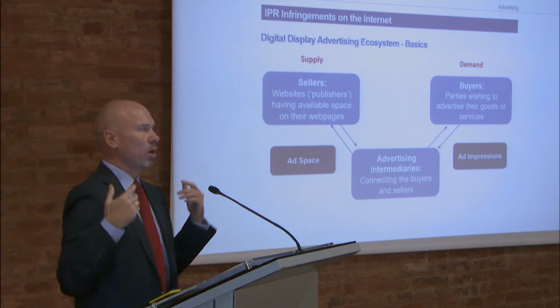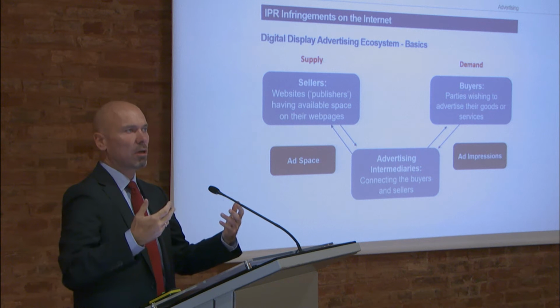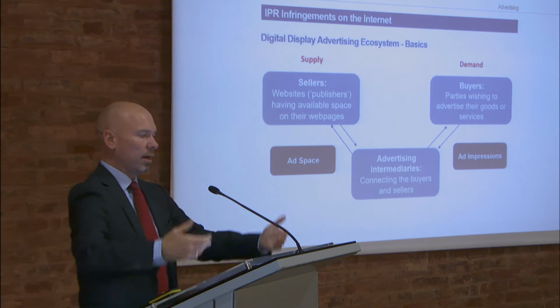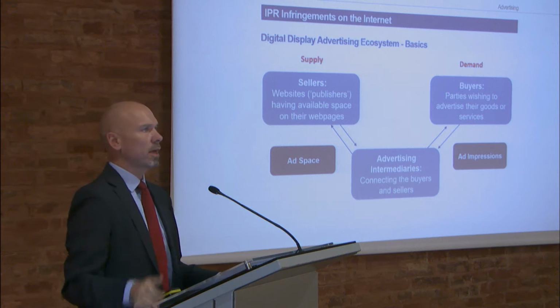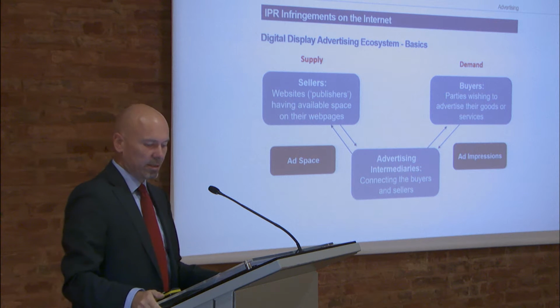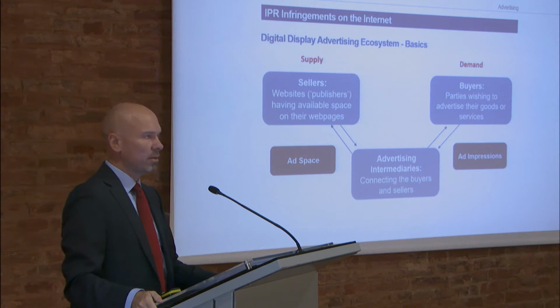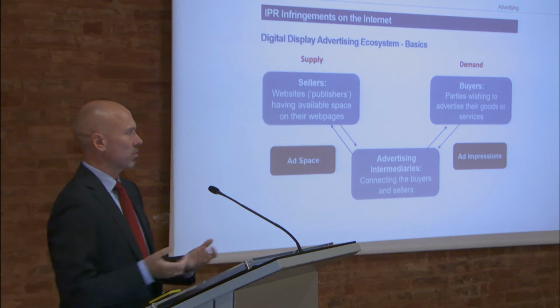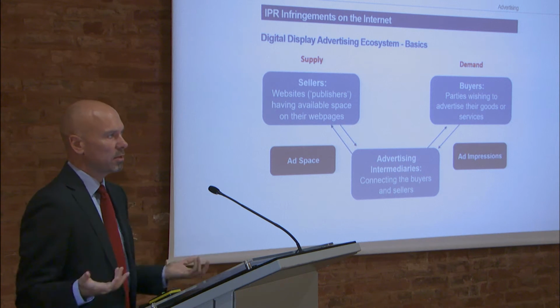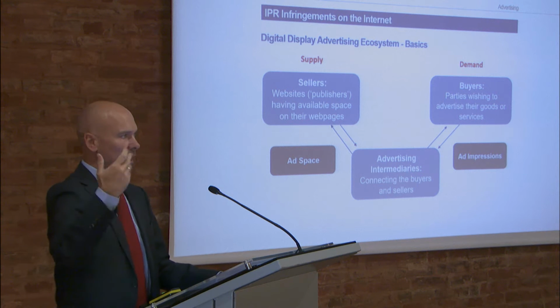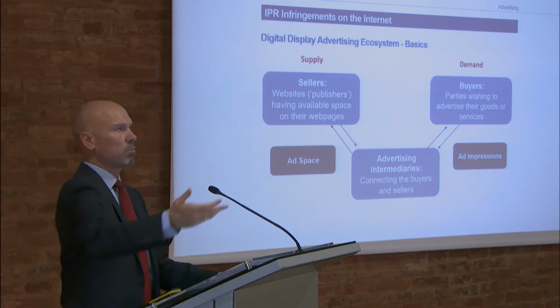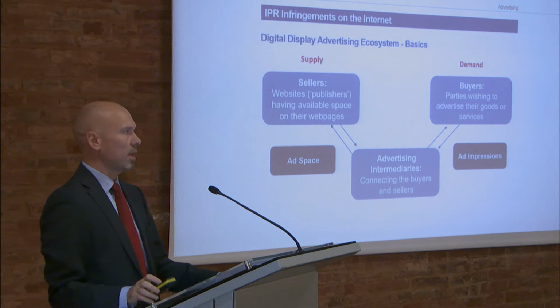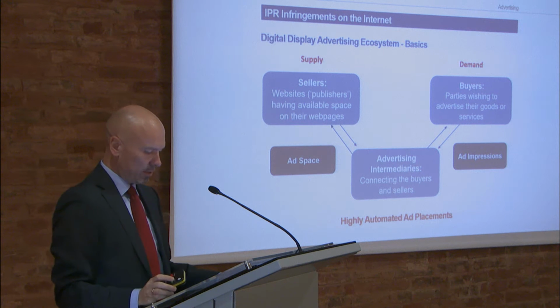And whenever someone, as a user of a web page, goes online, accesses a web page and sees an advertising, that's called an ad impression. And then the payments are in accordance to the contractual relationship between the parties. Then it's calculated in regard to the number of people who have been presented with that piece of advertising.